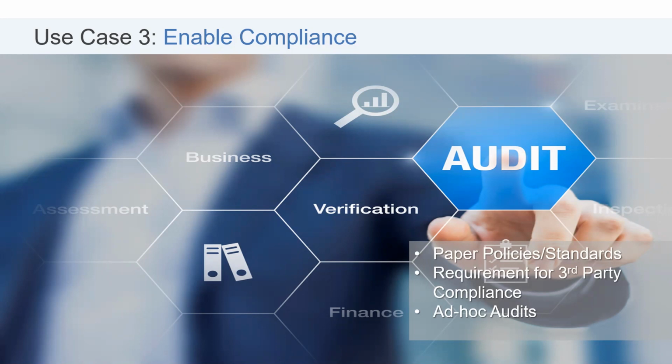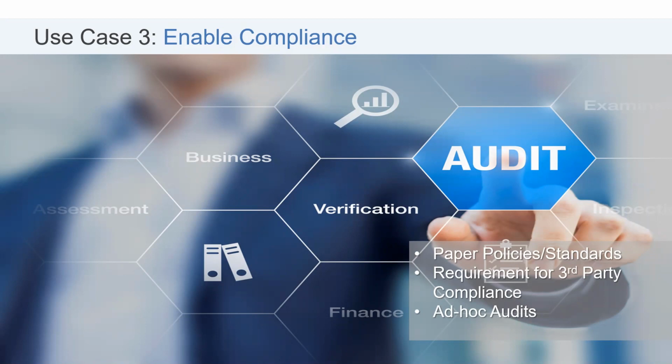Use case number 3 about compliance. And compliance is also a word that makes folks in operations cringe a bit, because there are paper policies that your own organization should keep. Oftentimes engineering architecture will define what the standards are. Then there are third party, I mentioned PCI DSS and HIPAA and SOX, and there's many, many others.